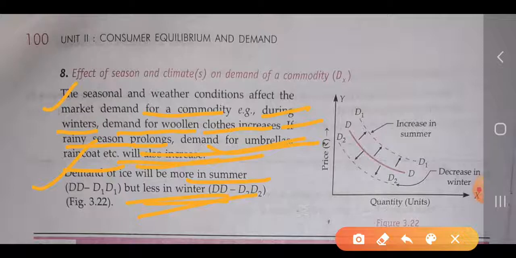So if the season is favorable for that commodity, the demand for that commodity will increase, and when it is the off season, then the demand for that commodity will decrease.